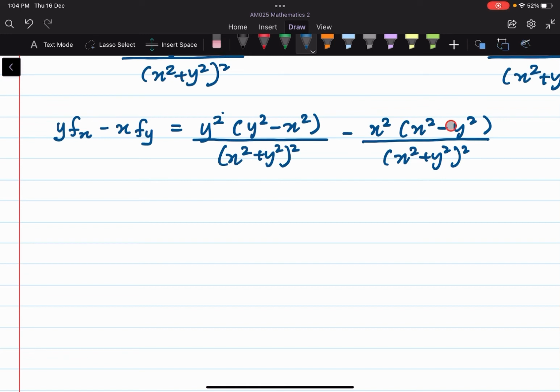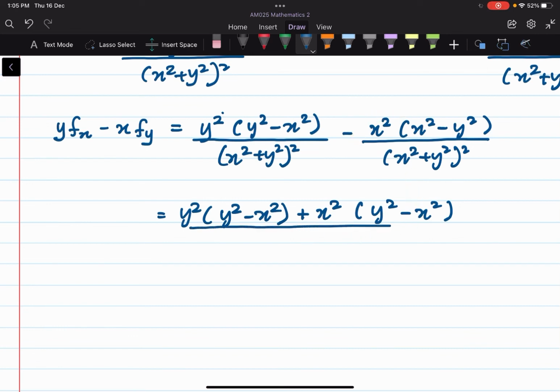Okay, so we're going to get y squared minus x squared. If we factorize the negative out, it's going to be plus here, and this x squared, y squared minus x squared, divided by x squared plus y squared.